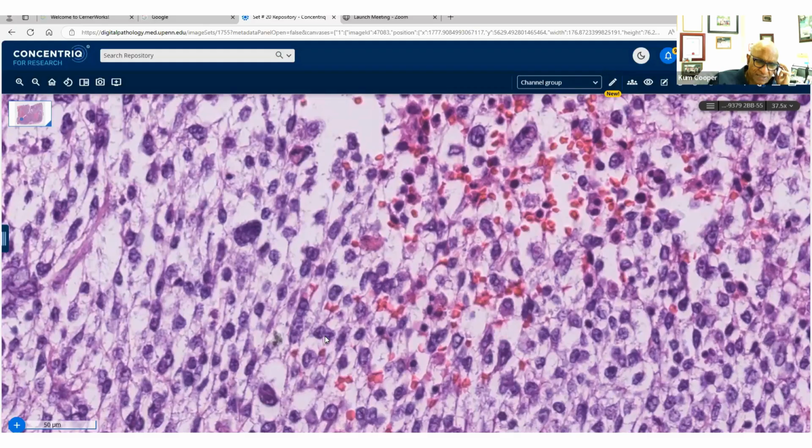This was the CIC-DUX4, but at that point, they were not characterized with molecular sequencing, and they called them atypical Ewing's. They said they did not have EWSR1. And the third tumor, also an atypical Ewing's, turned out to be eventually the BCOR rearranged sarcomas.